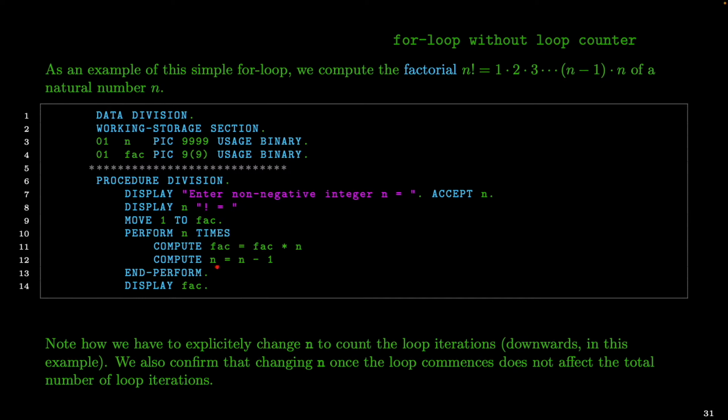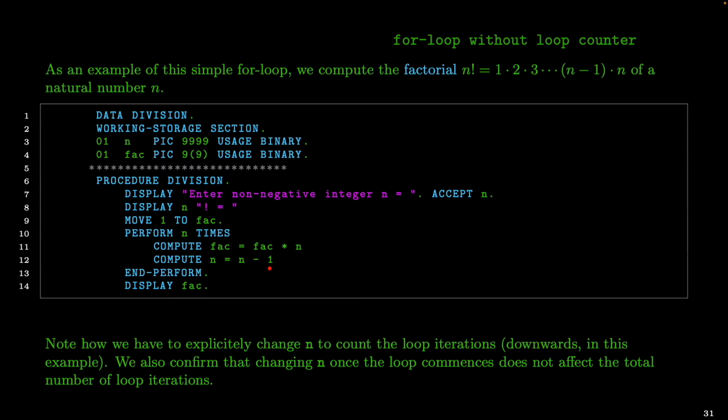We have to do this because we cannot access the loop counter, so I have to explicitly decrease it. But also, this will not change the number of iterations because the initial value of n is already taken at the beginning of the loop, and if I change n afterwards, this will not affect the total number of iterations, so I will get a correct result.